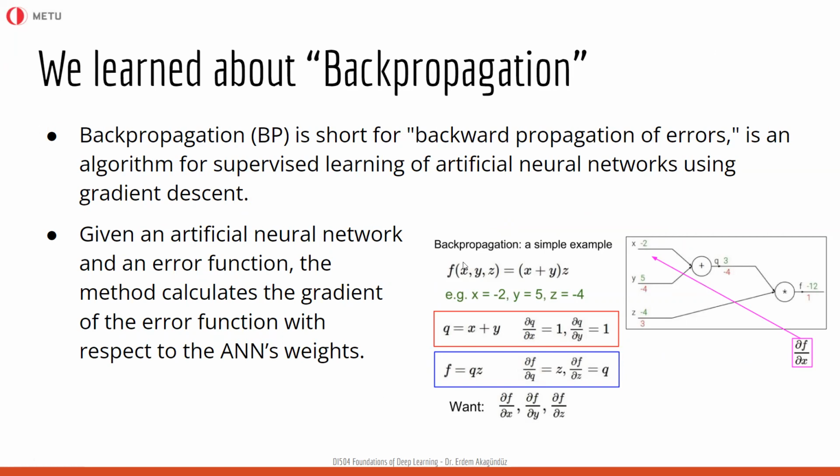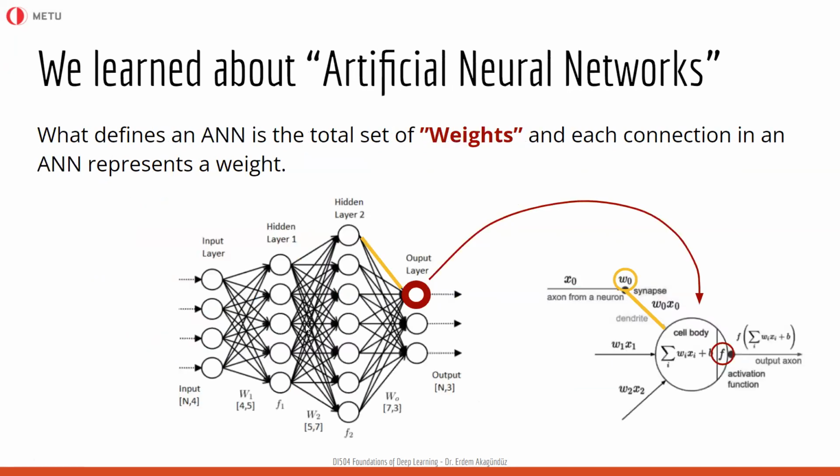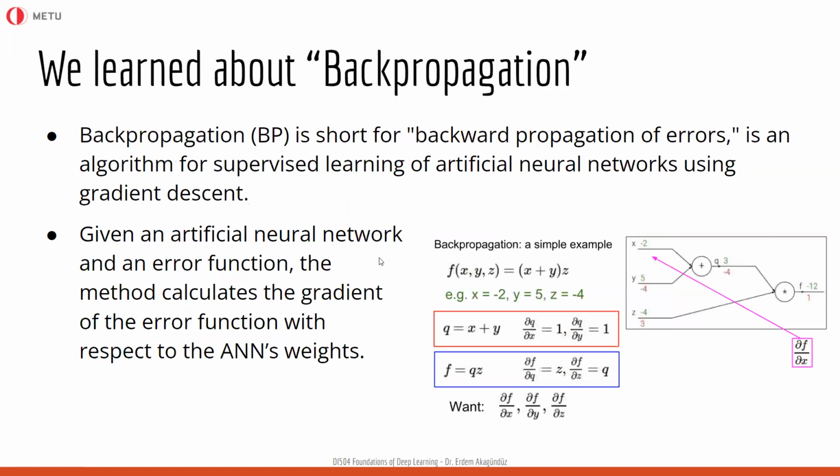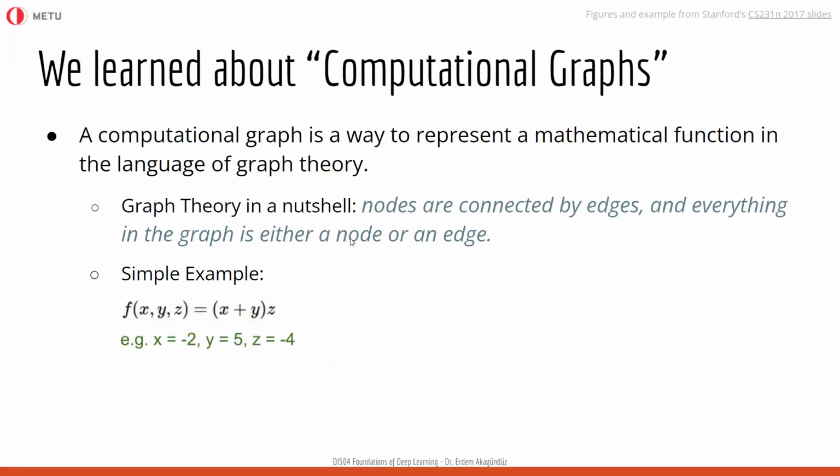It can be represented with this computational graph. Why did we want to represent artificial neural networks with computational graphs? Because there is an algorithm called backpropagation, which is a way to implement gradient descent on computational graphs.